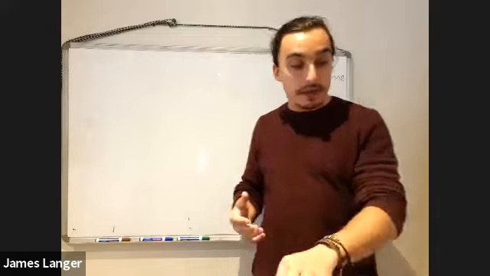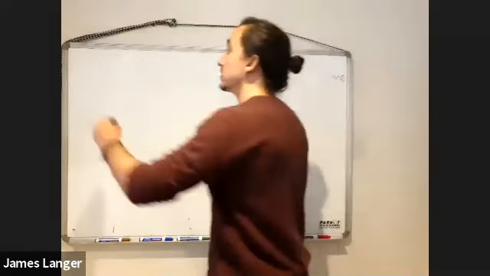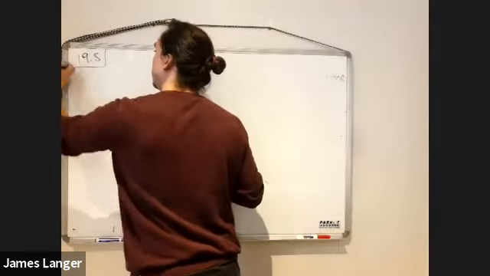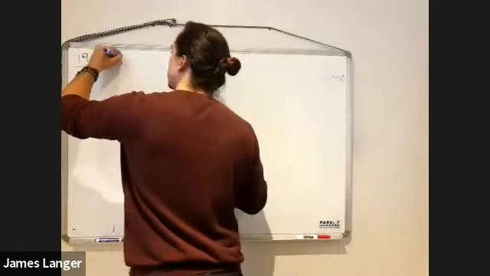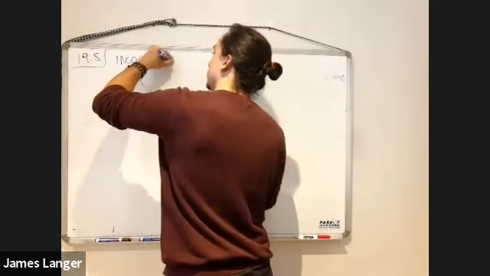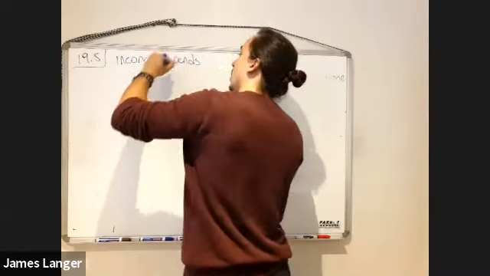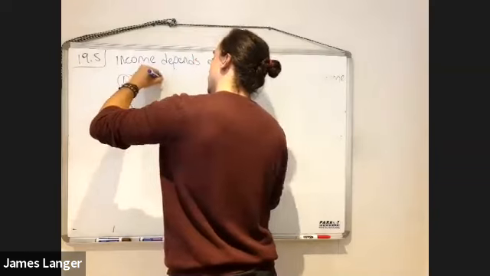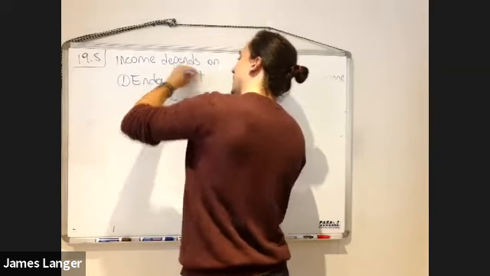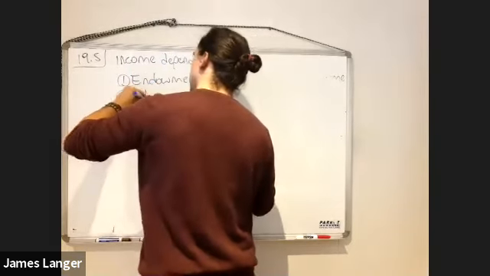So I will write some basics, but I'm going to ask you to go through it. This is my 19.5. Okay, so income depends on endowment and the value of endowment.